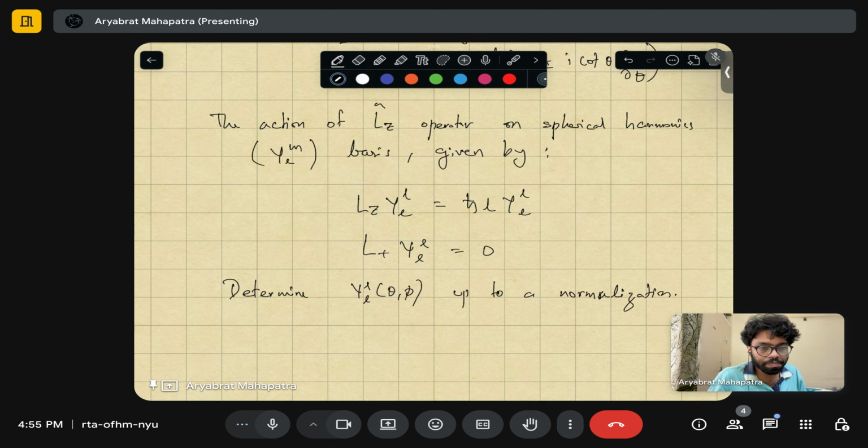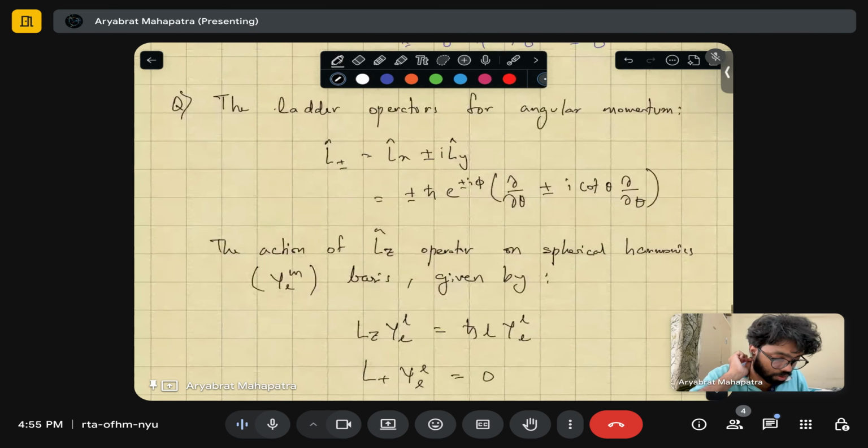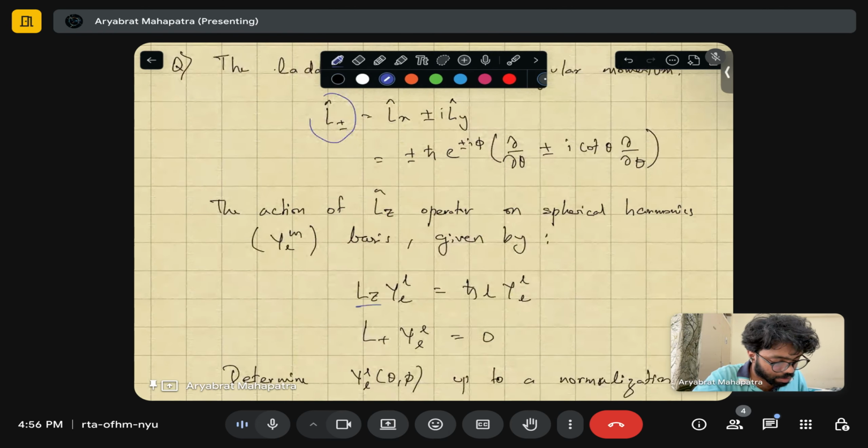So you can see the question is basically that your L plus and L minus ladder operators are given, and then your LZ operator.